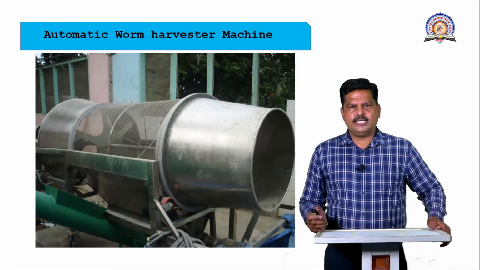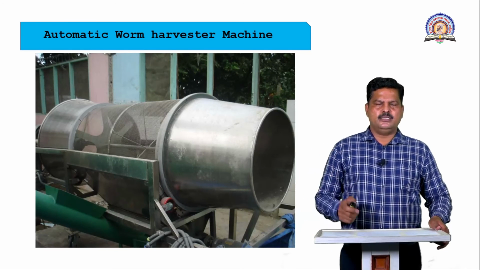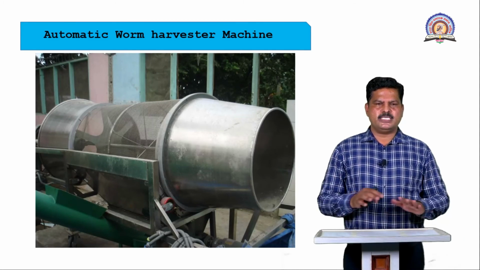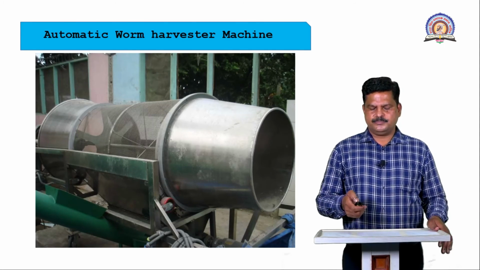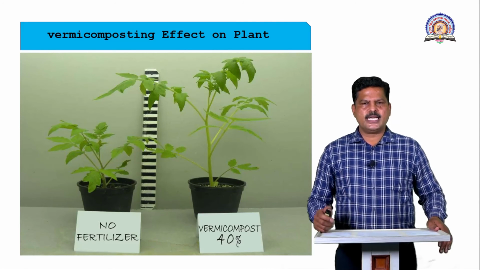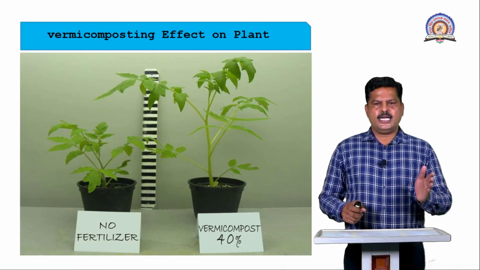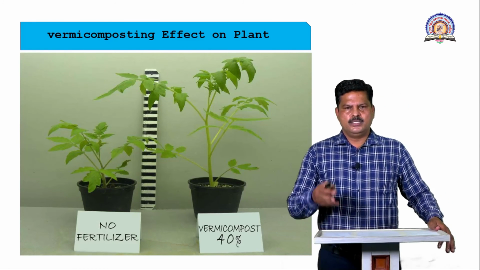Then this is an automatic worm harvester machine, means after the formation of vermicompost, you can use this machine for separating worms and vermiwash.